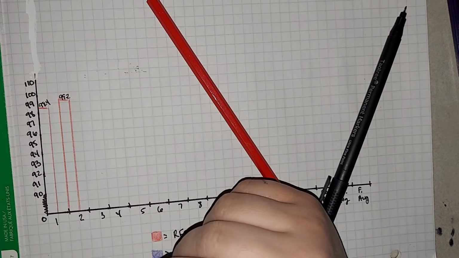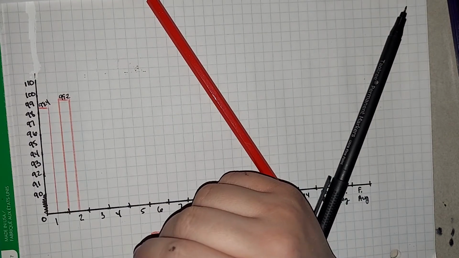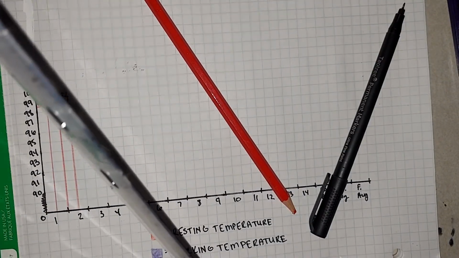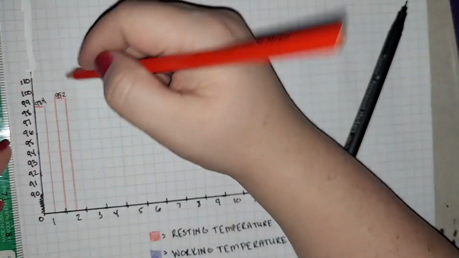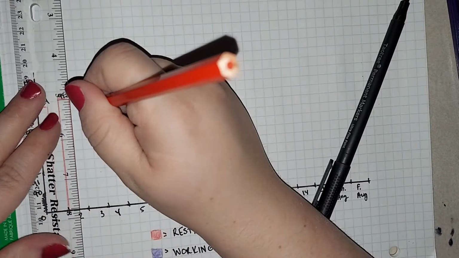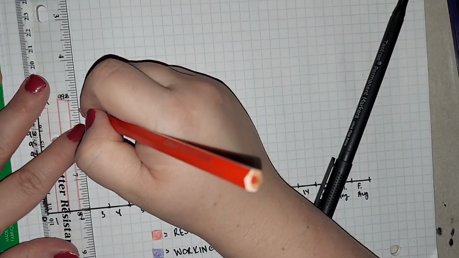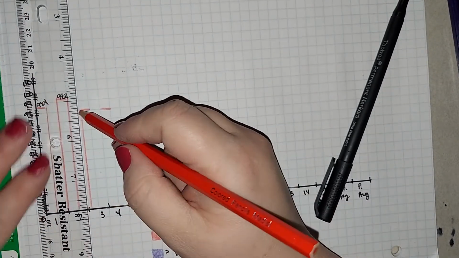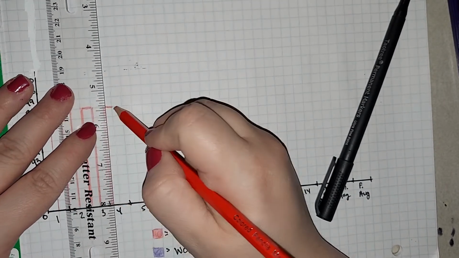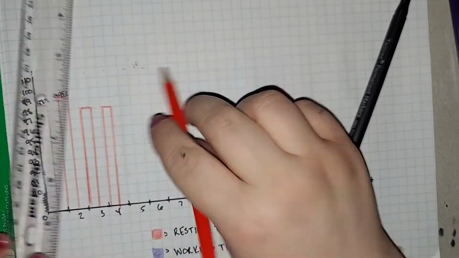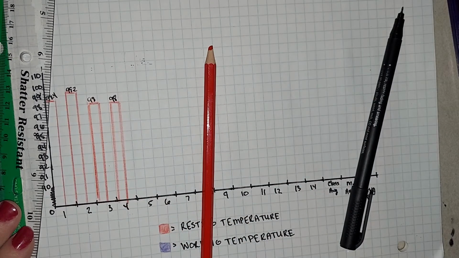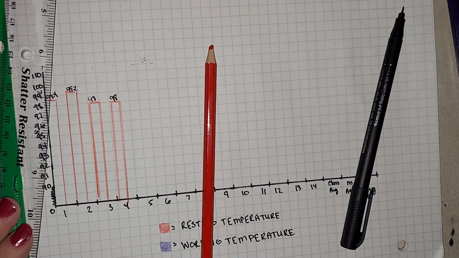Three, we have... can't read it. 98. The next one's 98 as well. So we have two 98s in a row. 98, 98. Next, 98.6, 98.4.